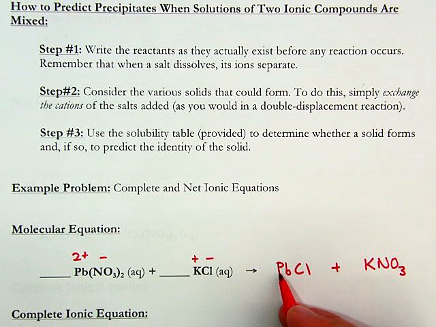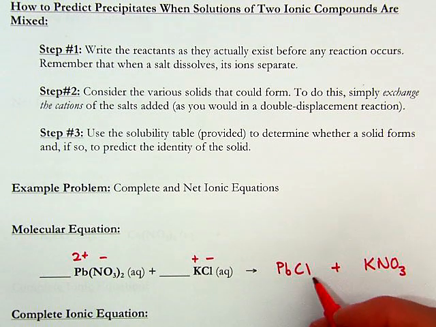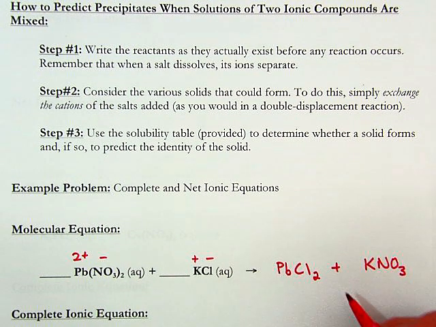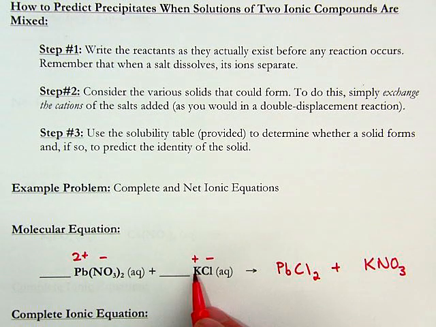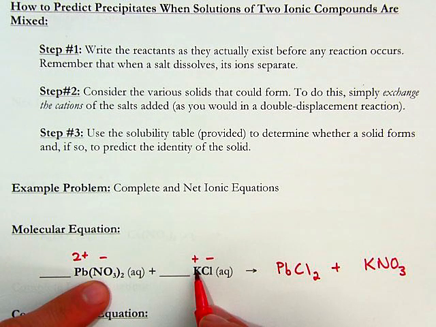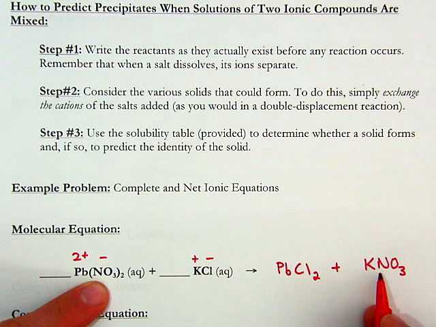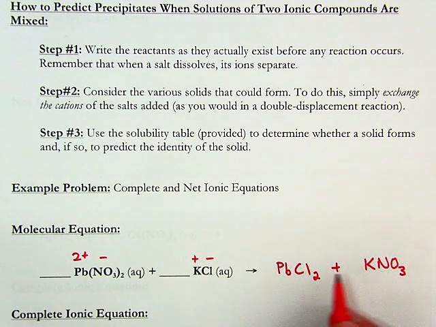Pb is +2, Cl is -1. We have to have two chlorines for it to be neutral. K is +1, nitrate is -1. So +1 and -1, this is neutral. So we've formed neutral compounds. That's good.